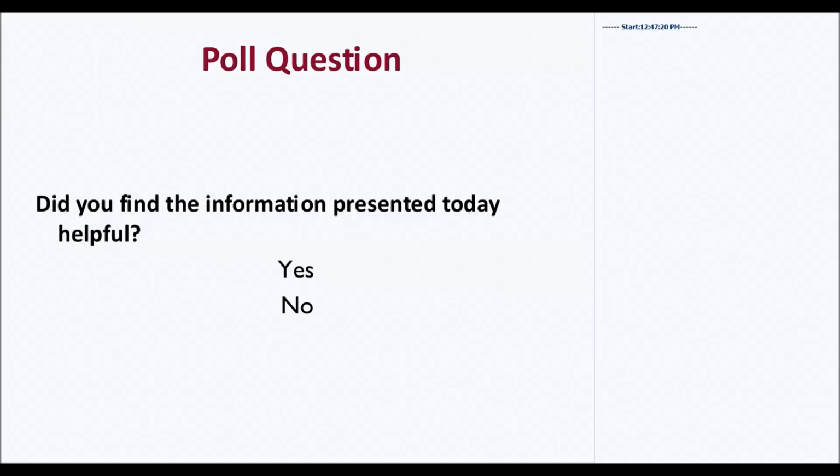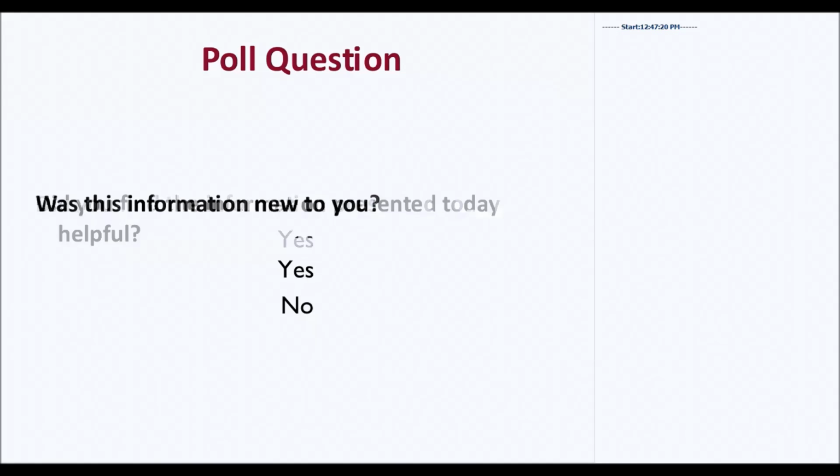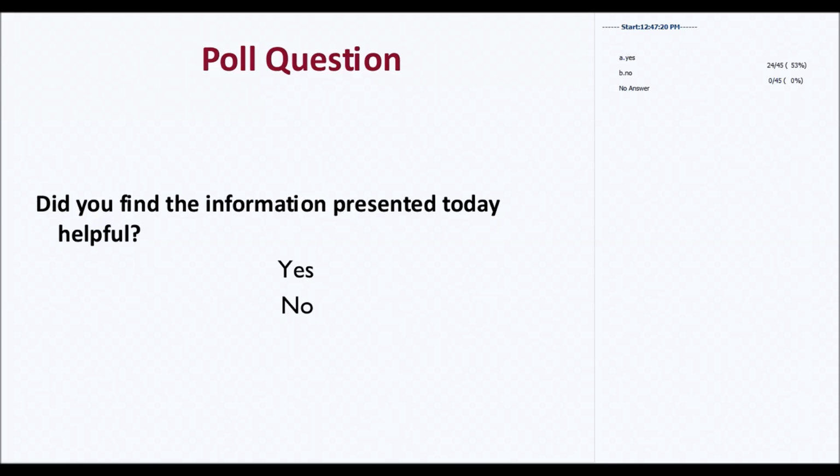Then moving on to the next question. Give me 2 seconds here while the data is being tabulated. The next question asks, was the information presented new to you? We always find this is an interesting question to ask because for some of you, this will be new information, and for some of you, you may have already been aware of it.